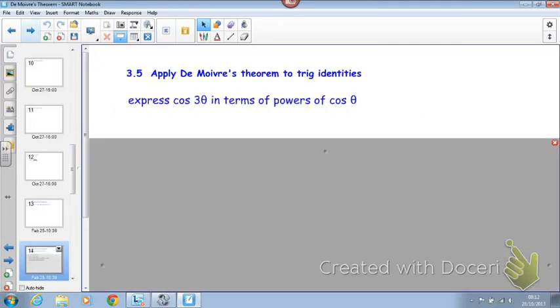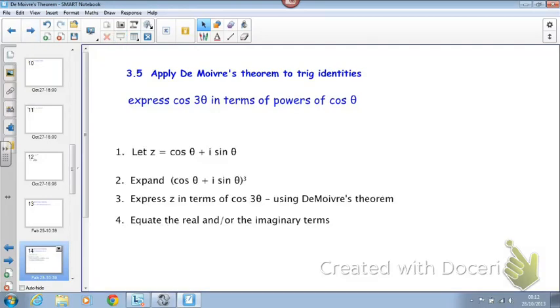So let's have a look at the first example, which is: express cos 3θ in terms of powers of cos θ. The steps will be these four. Let z be cos θ plus i sin θ.